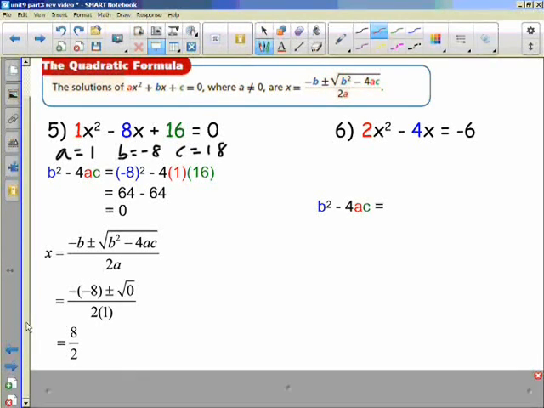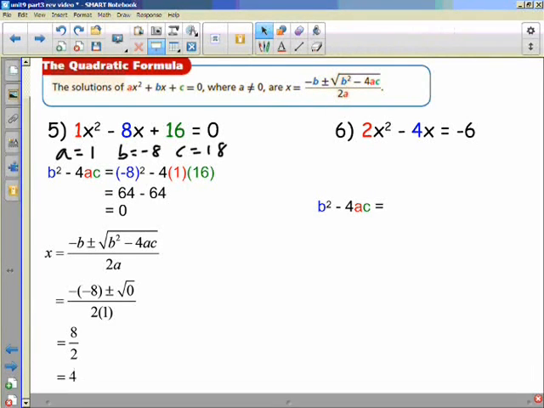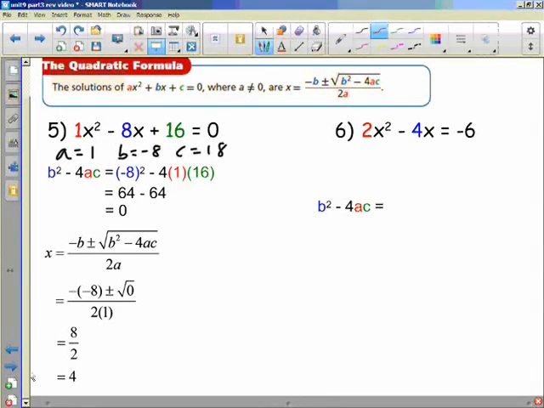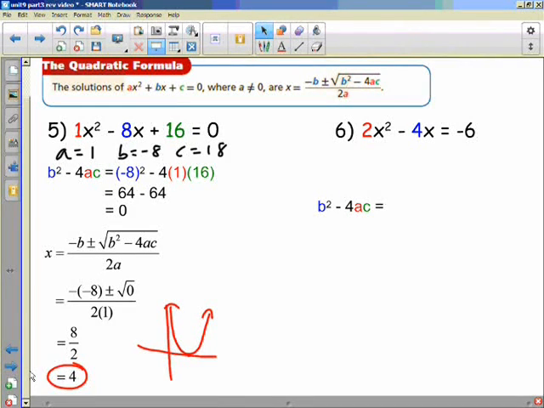Negative 8 is positive 8. 2 times 1 is 2. And we get an answer of 4. Just one solution. We could think of it as a double 0, a double root. What that means is at x is 4, this thing, whether it opens up or down, in this case it should open up, just hits the x-axis in one place.